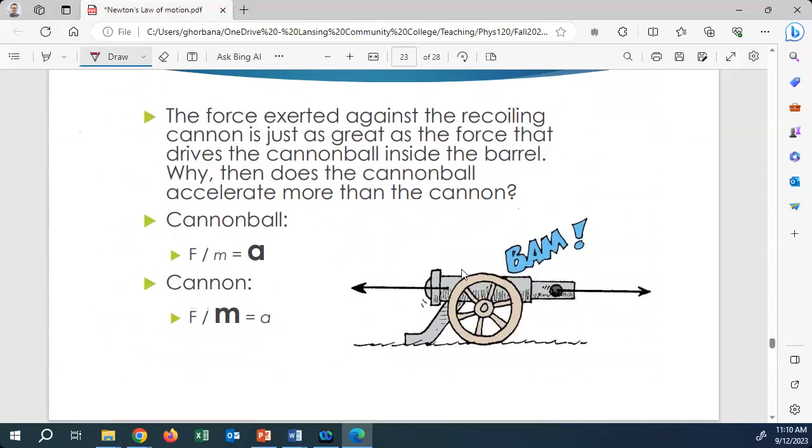If we put both in one system, or if we put the cannon in one system and the cannonball in a separate system. So I would like to do this separately, analyze this in two different systems, cannon and cannonball. Good? Let's see what happens.